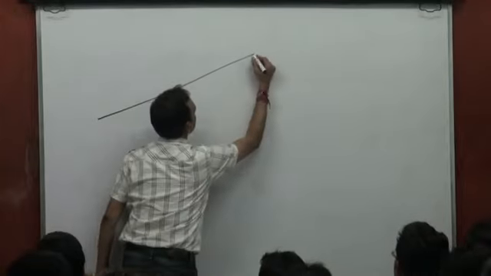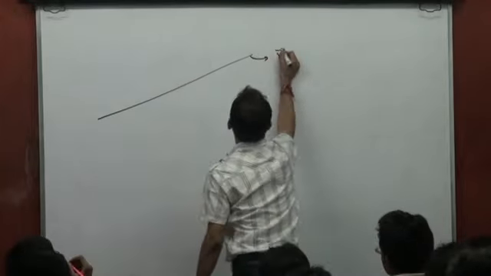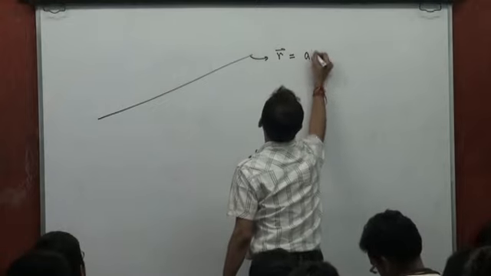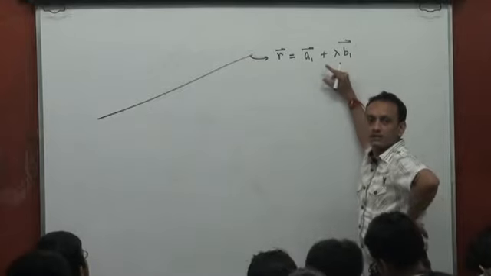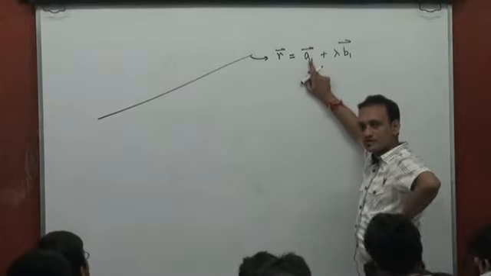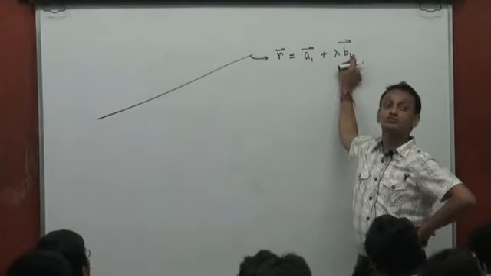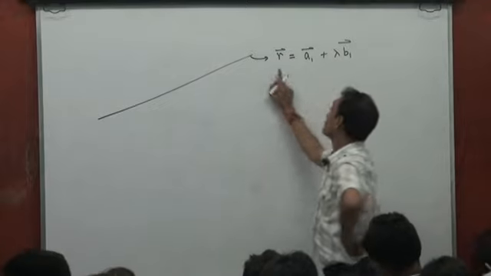In vector form, let's say this line is r equal to a1 plus lambda b1. What does this mean? It's a line passing through a point whose position vector is a1 and is parallel to the vector b1.